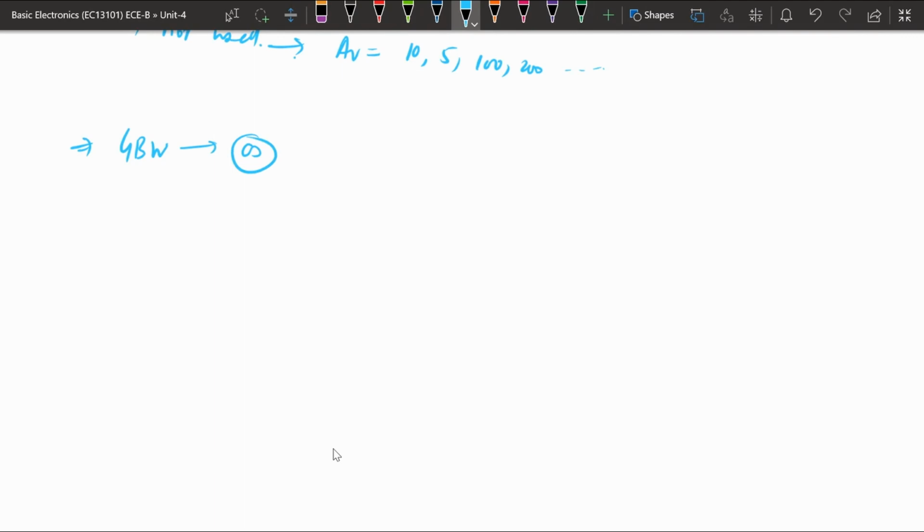But if we want increased bandwidth in operational amplifiers, we need to have a gain that is smaller. If the gain is smaller, then the bandwidth will be higher.